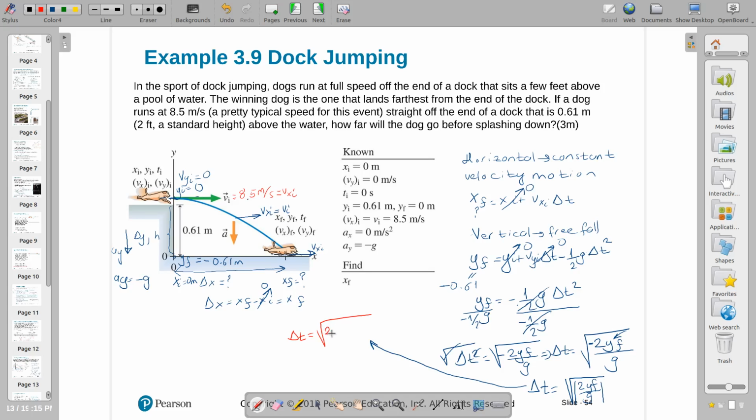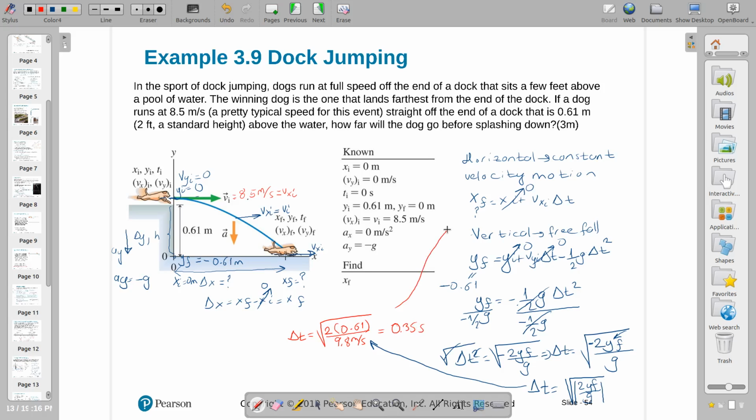So I'm just entering the absolute values because I'm sure that's what will be happening here. 2 times 0.61 divided by g, which is 9.8 meters per second squared, and that gives me a time of about 0.35 seconds.